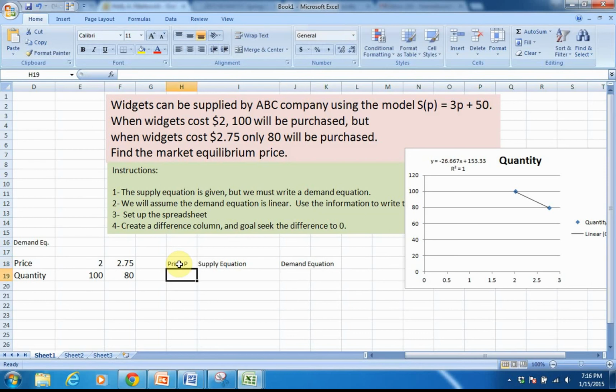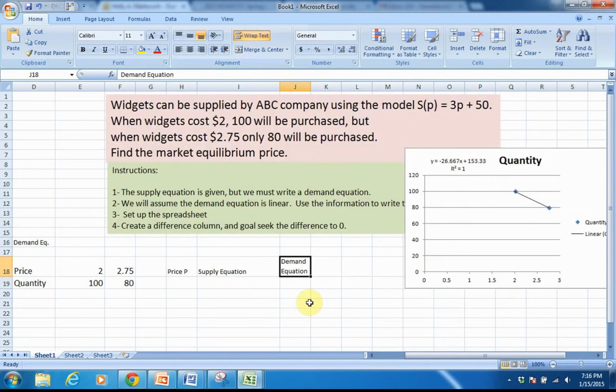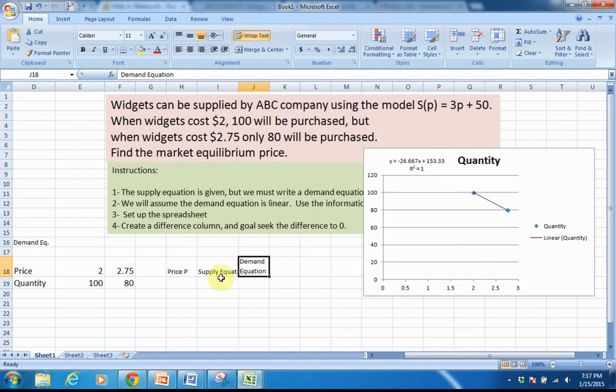And everybody, another little thing here, if I wanted to wrap my text on that, if you highlight that cell, hit wrap text, and you can see that a little bit differently. If I wanted to pull this in, I could wrap the text. Looks a little bit neater. And then in my last column, that's where I'm going to have my difference.